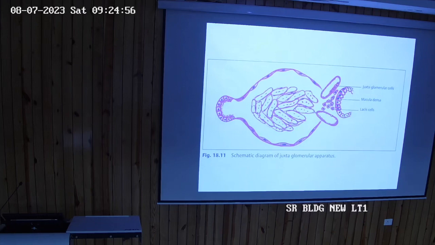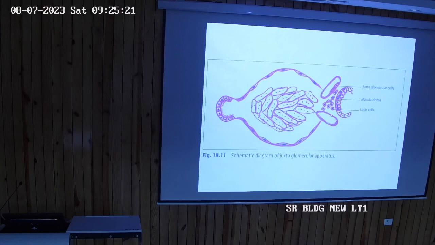The thing which I want to tell you here: at the vascular pole of the renal corpuscle, the part of the distal convoluted tubule which is close to the afferent arteriole is showing a different type of epithelial cells. Normally, the distal convoluted tubule is lined by cuboidal epithelial cells.